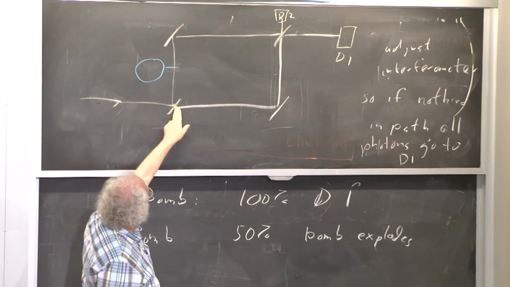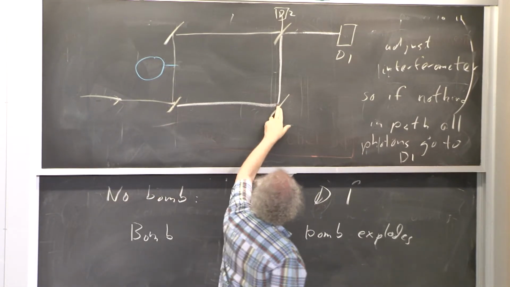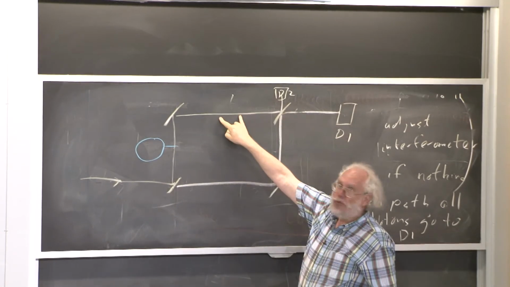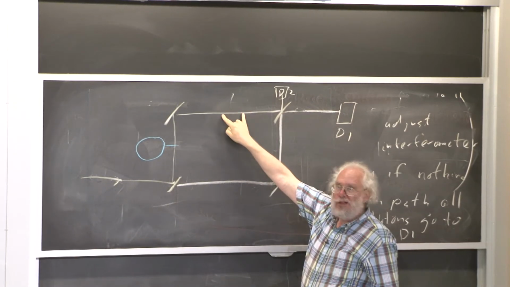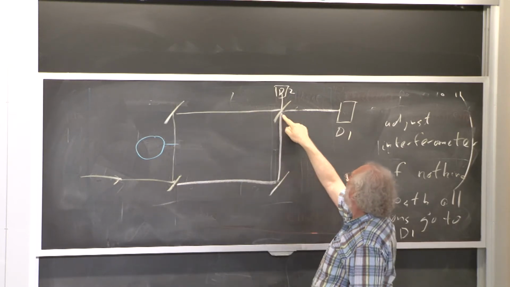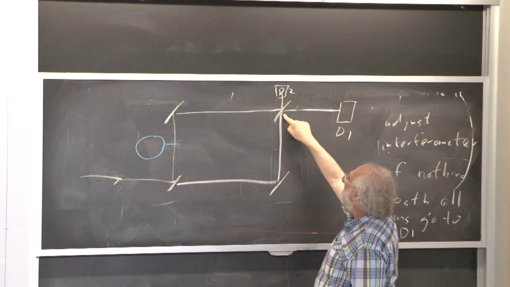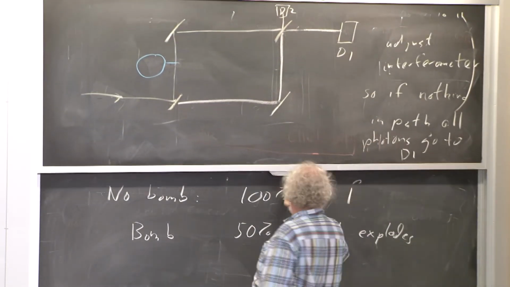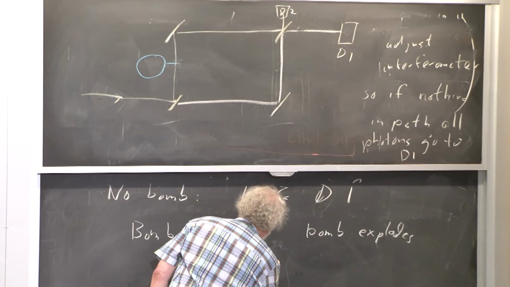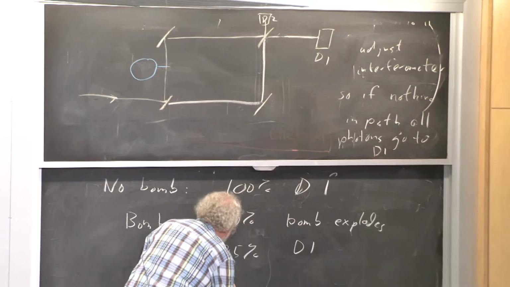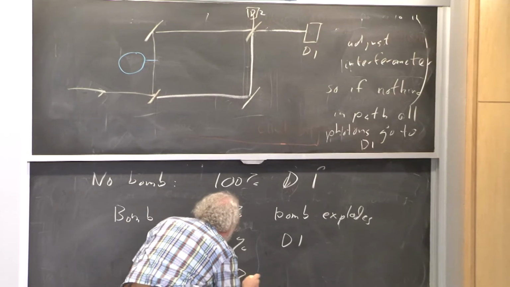The other 50% of the time, it goes this way, and now there's no interfering ray coming from this path. So the photon goes this way with 50% probability and this way with 50% probability: 25% detector 1, 25% detector 2.